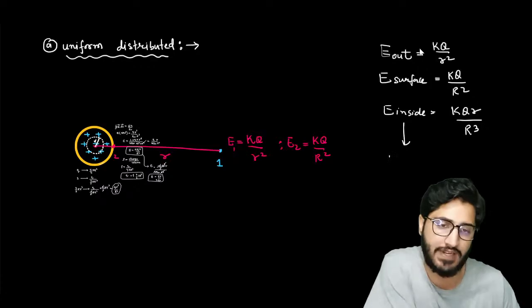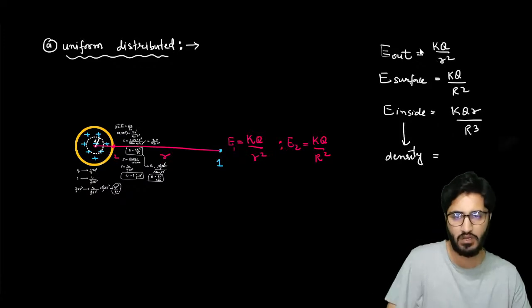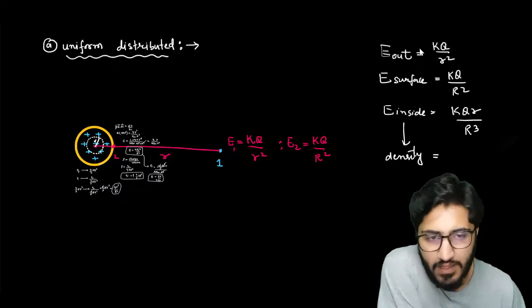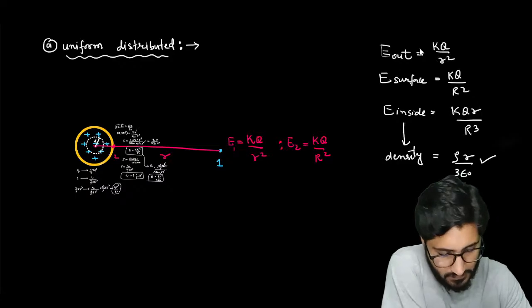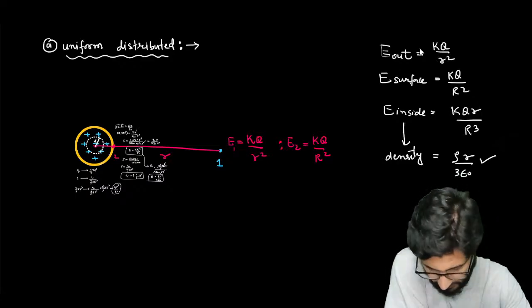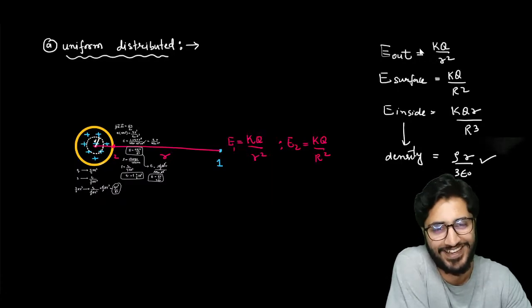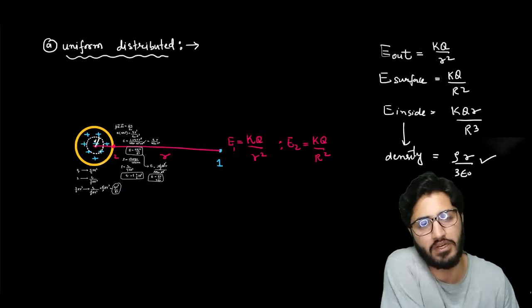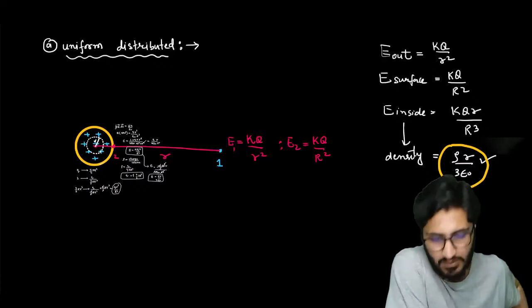In terms of density, it is equal to rho r divided by 3 epsilon naught. This is my value. But this thing you need to remember: rho r divided by 3 epsilon naught.